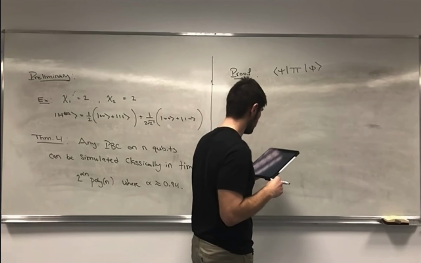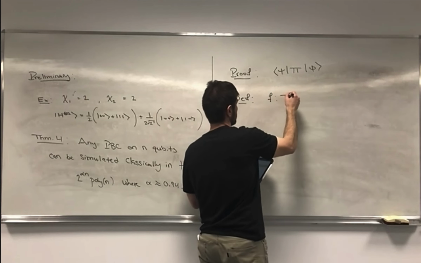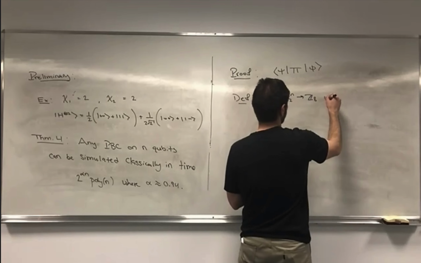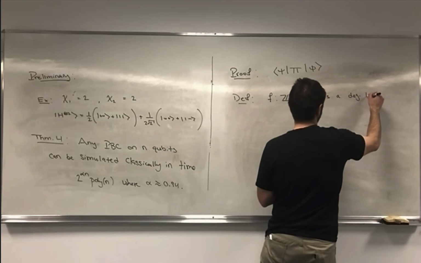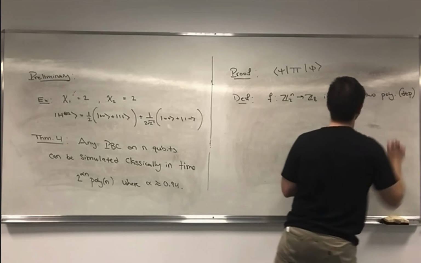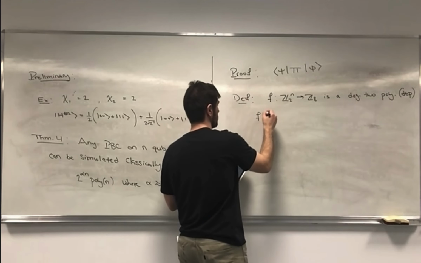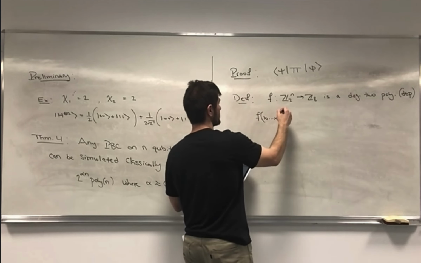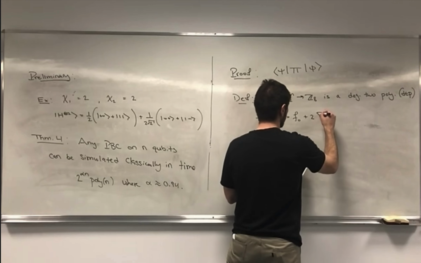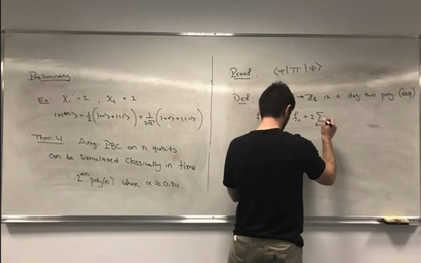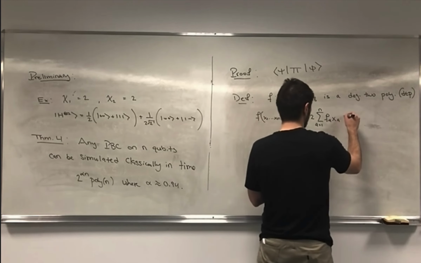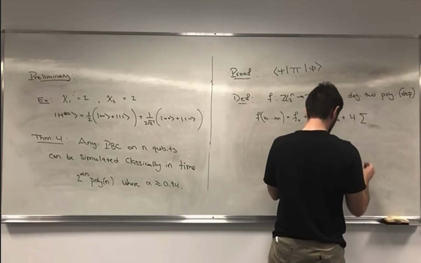just for completeness, we have that f, a function from Z2 to the n to Z8, is a degree 2 polynomial if f of x1 to xn, these are each of the bits, equals f0 plus 2 times the sum over a equals 1 to n of fa xa, plus 4 times a sum.